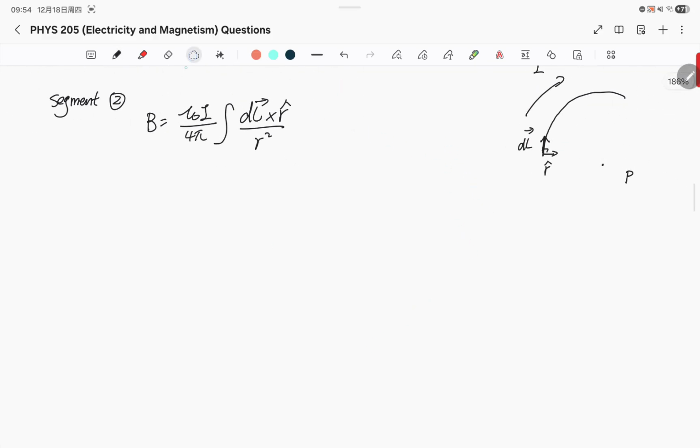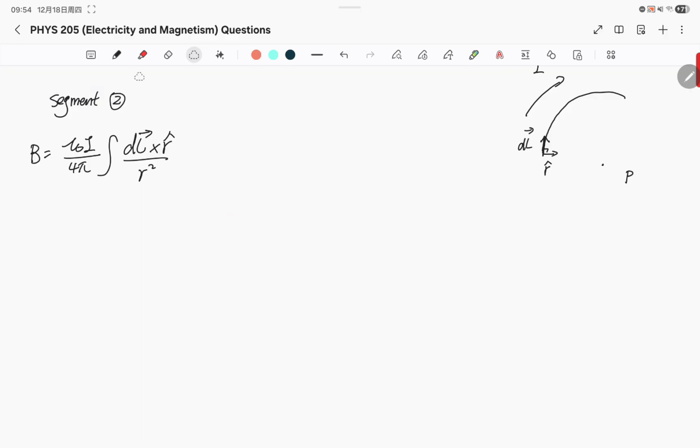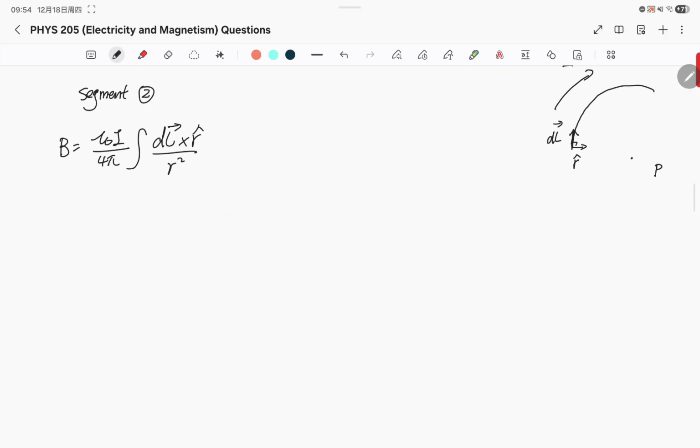So let's break this down. Personally, I prefer doing it this way. I'm going to break this whole equation into small pieces. I'm going to call dl cross r hat equal to dl times 1 times sine 90, which is just dl, because sine 90 is 1.